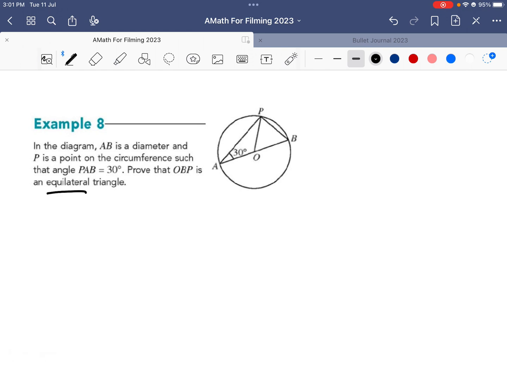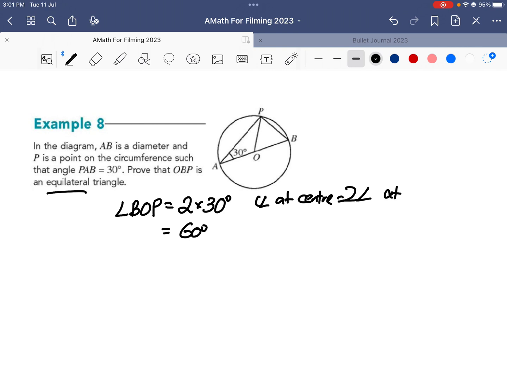Remember, in an equilateral triangle, all sides are equal and all angles are equal to 60 degrees. So first, I will say angle BOP equals 2 times angle PAB, which equals 60 degrees. The reasoning here is that angle at center equals 2 times angle at circumference.